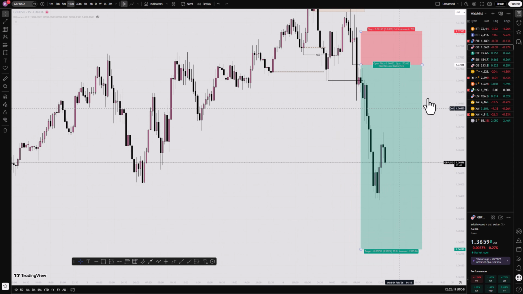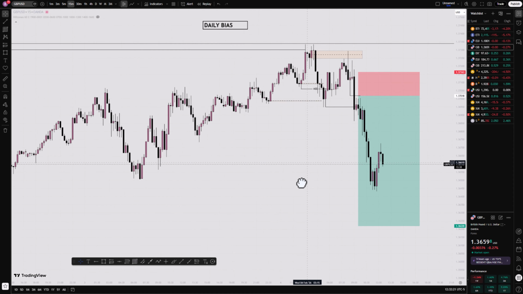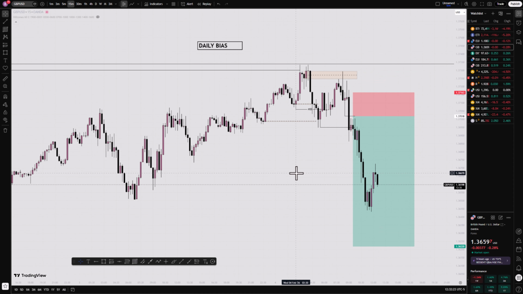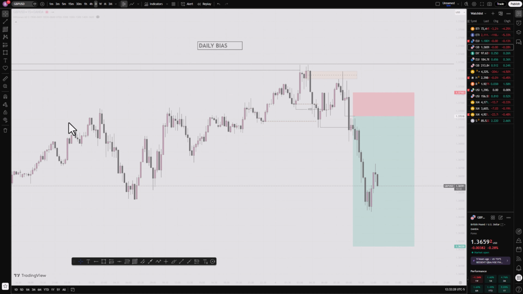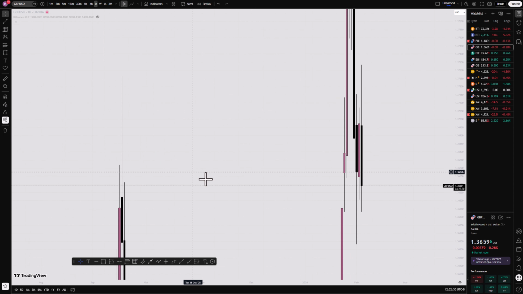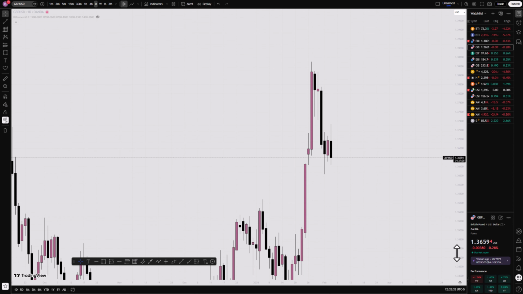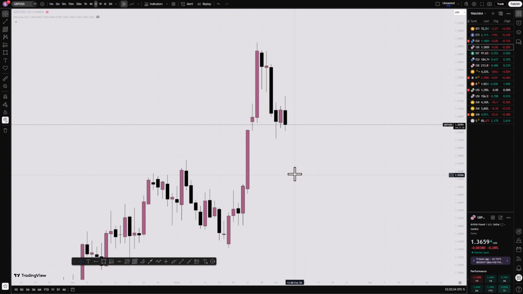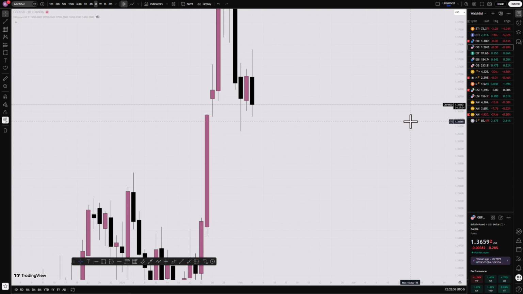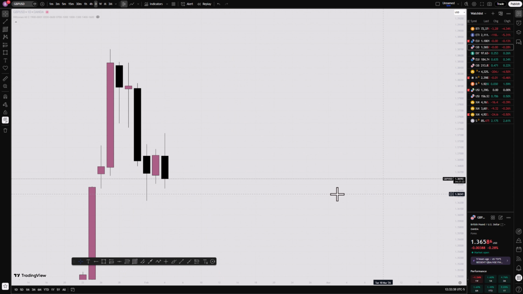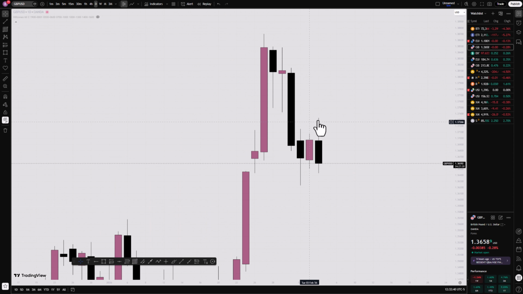So guys, this is how to determine your daily bias. It's very, very easy. So if you go back to the daily time frame on the GBPUSD, you will see that this is what I have been saying. You see it? We have SMT, guys.